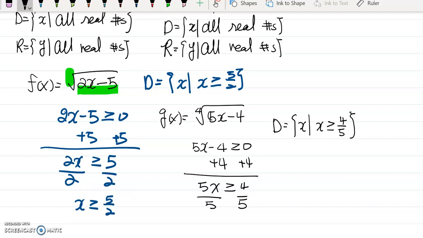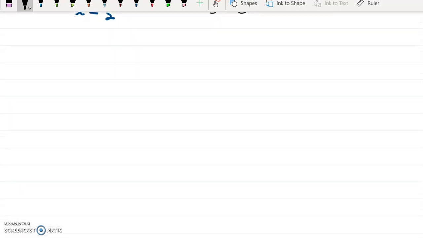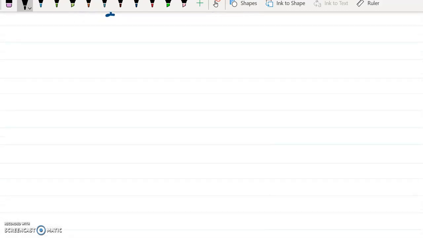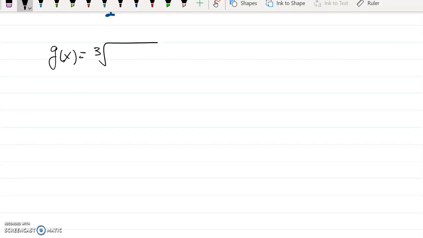Okay, then what about the odd case? Sometimes you may get such as g(x) equal to cubic root of 2x plus 1, something like that. It is cubic. Cubic covers every number. What does that mean?